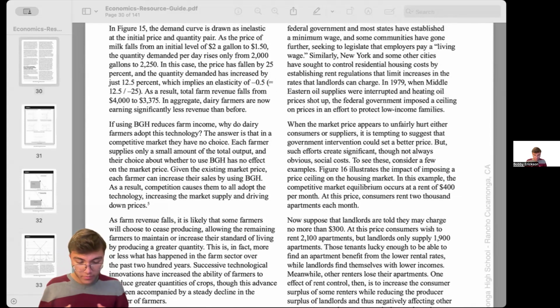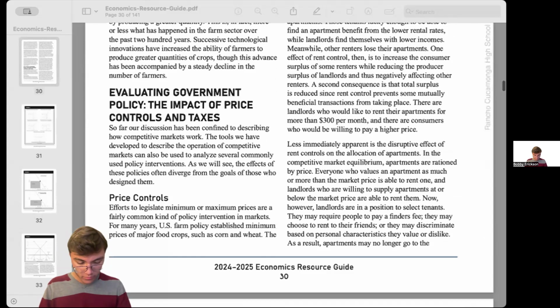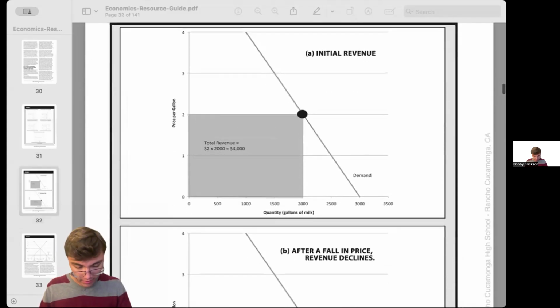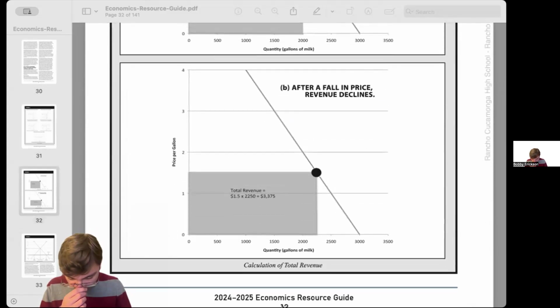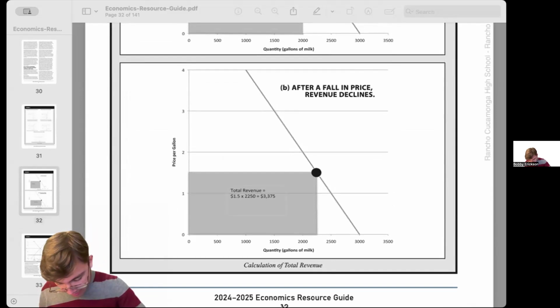And so it looks like if you have BGH here, then remember what we said earlier is the BGH will shift the supply to the right. So let's say that this line here was our original supply, and then afterwards we have BGH and it shifts to here.